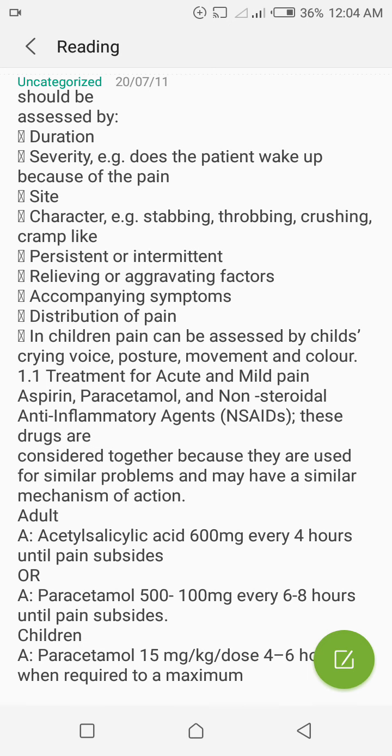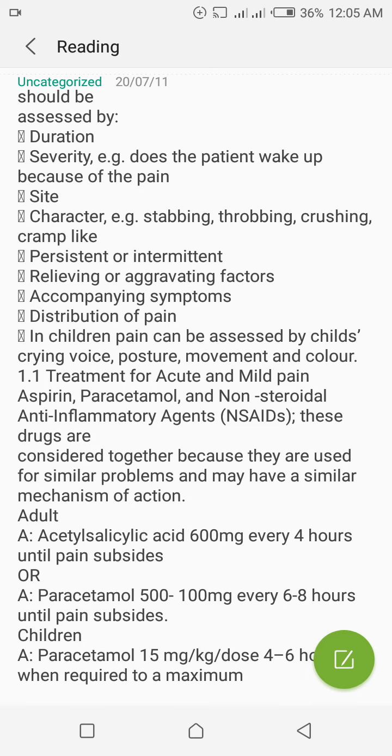Here we can use acetylsalicylic acid, 600 milligrams every 4 hours until pain subsides, or paracetamol 500 to 1000 milligrams every 6 to 8 hours until pain subsides. For children, you use paracetamol 15 milligrams per kg per dose, every 4 to 6 hours when required, to a maximum.